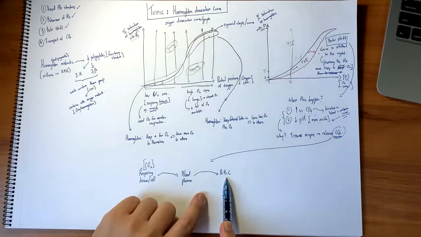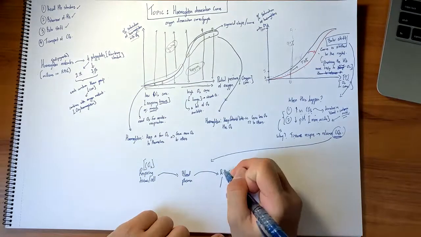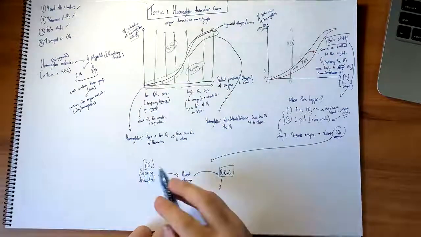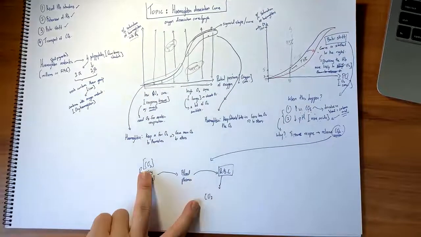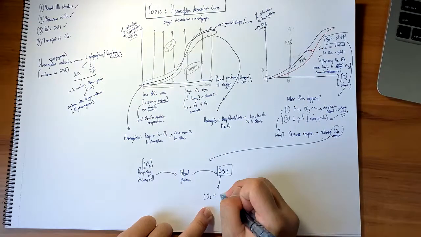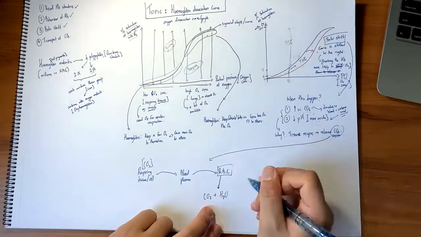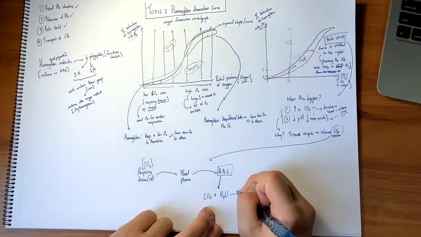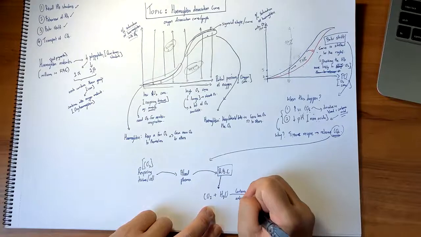Okay, not every one of them, but most of it will actually diffuse from the blood plasma into the red blood cells. Now, inside the red blood cells, what are they actually doing? Okay, so this carbon dioxide, the CO2, will actually combine with water with the help of an enzyme we call carbonic anhydrase.